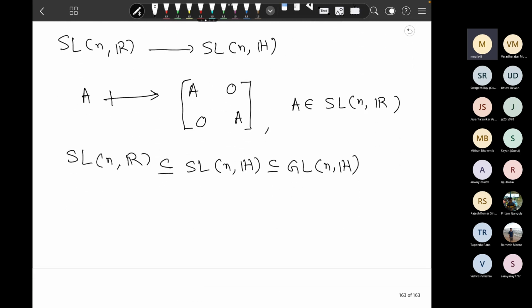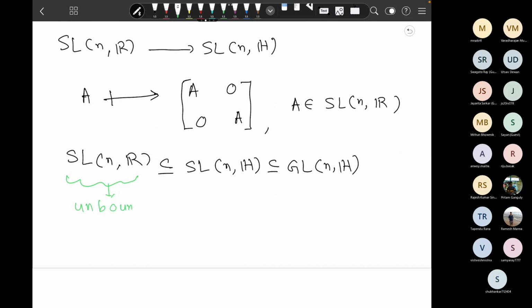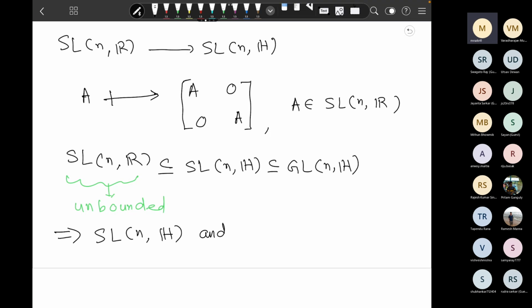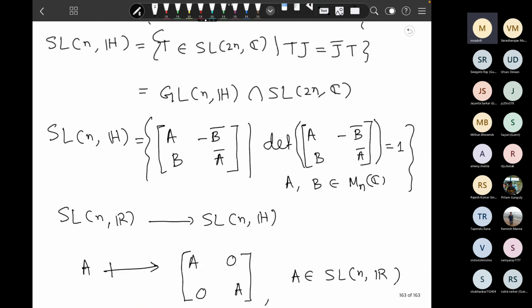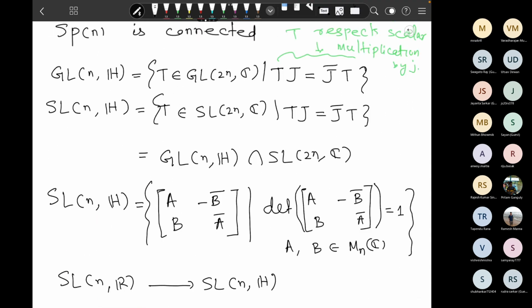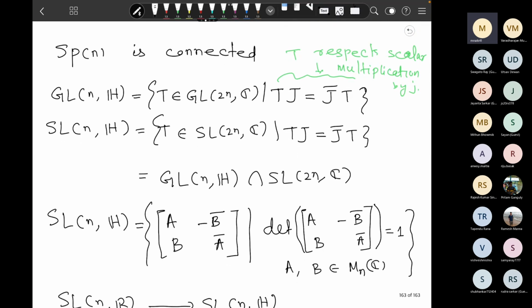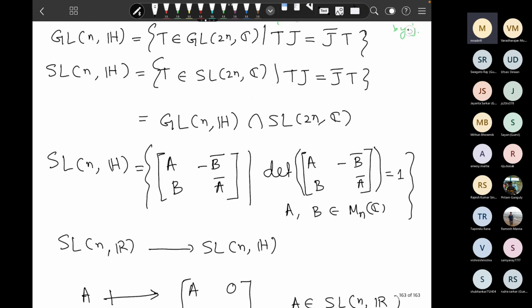Now this SLNR is really unbounded. This implies SLNH and GLNH are non-compact. Now we want to recall that for any subgroup of GLNH, we have two pictures: one in the quaternion picture itself, and an embedding inside GL2N(C).